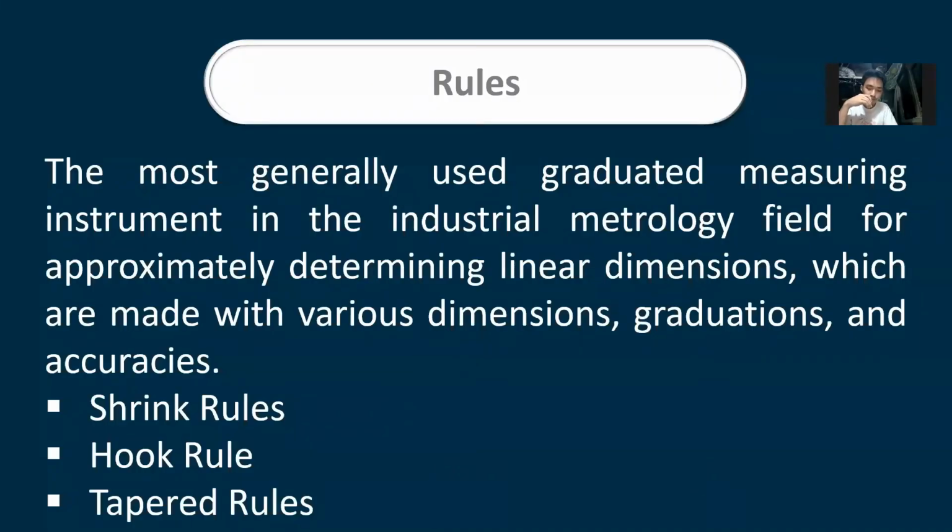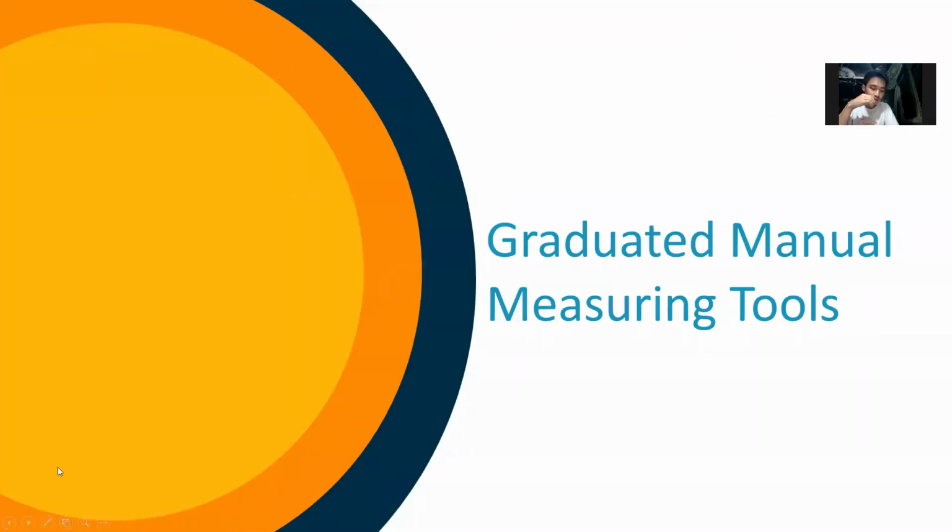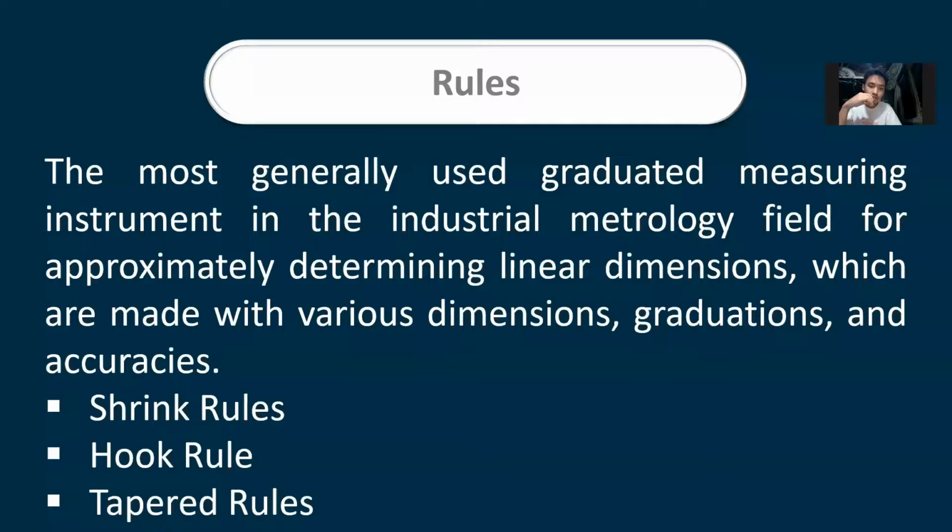Graduated measuring tools are tools with a set of markings, or graduations, on a linear or angular scale to which the object's feature of interest can be compared for measurement. The first example of the graduated manual measuring tools are rules.